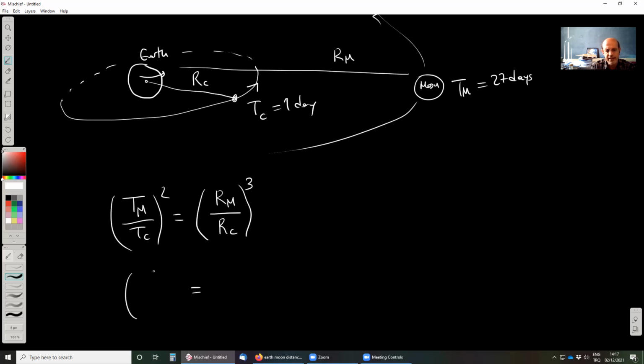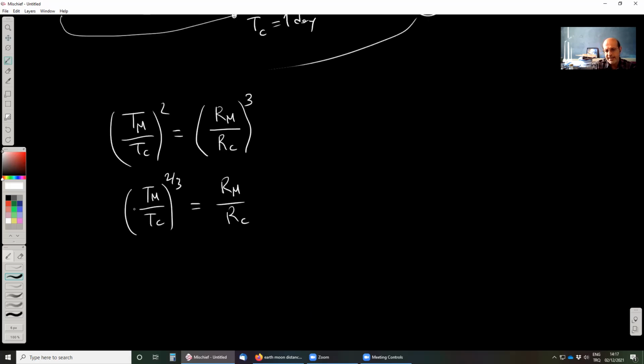So Tm over Tc to the power 2 over 3 is basically Rm over Rc. The nice thing here is that this is 27, and 27 is the cube of 3. So the result is 3 squared, which is equal to 9.